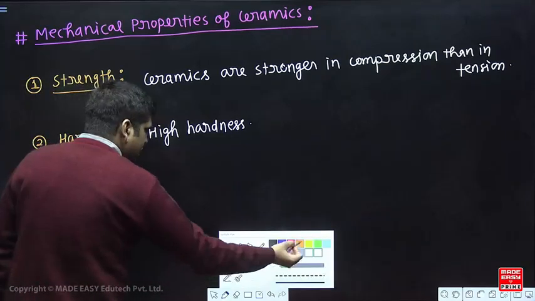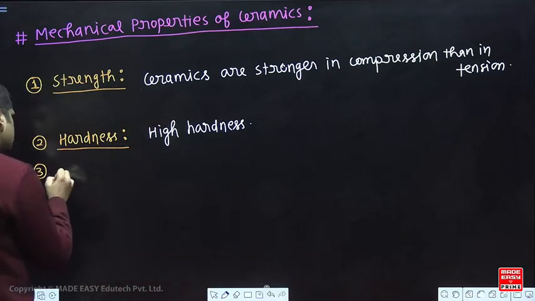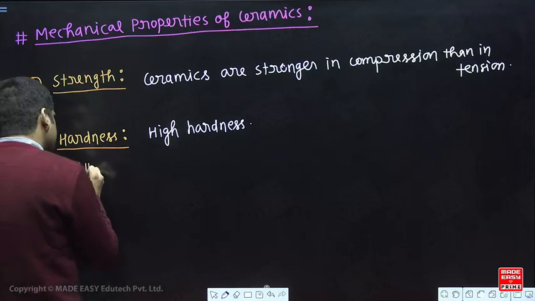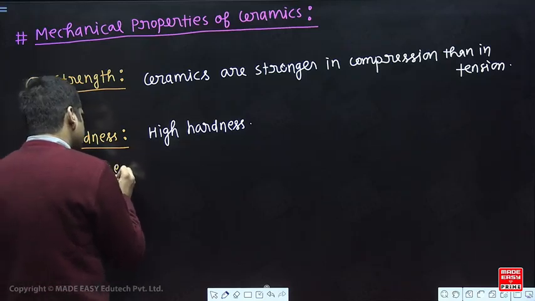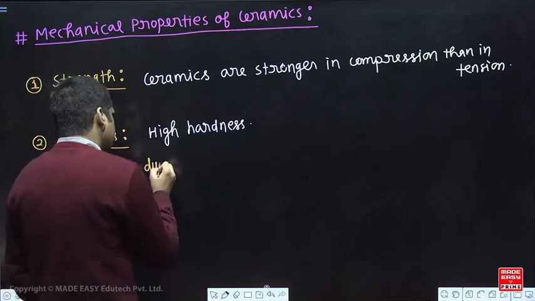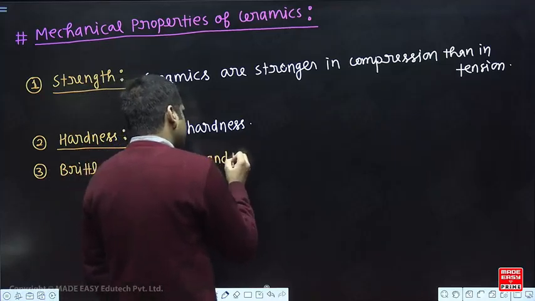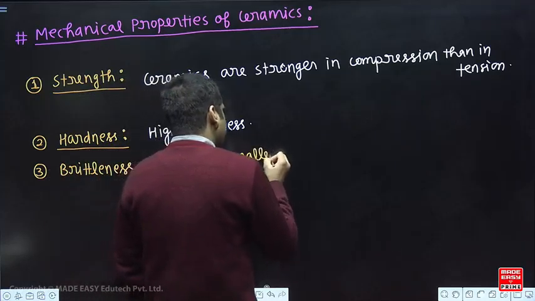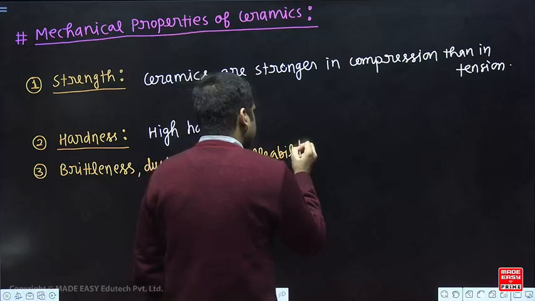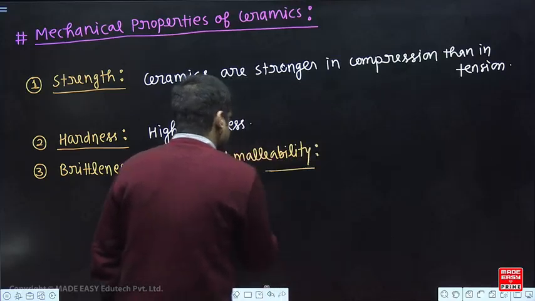Brittleness, ductility and malleability. Ceramics are brittle materials with negligible ductility and malleability.